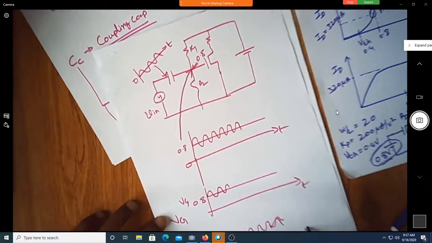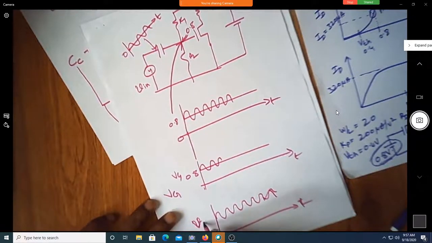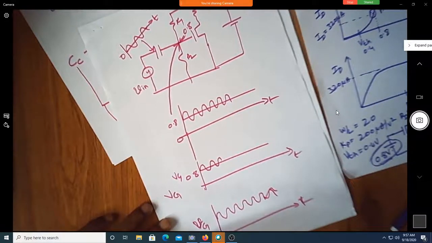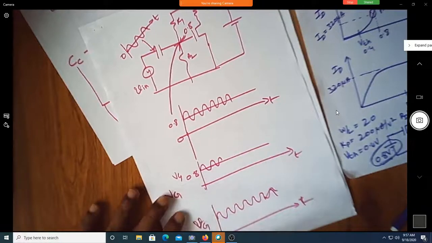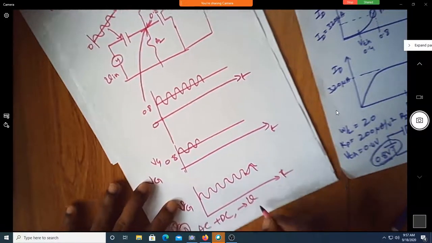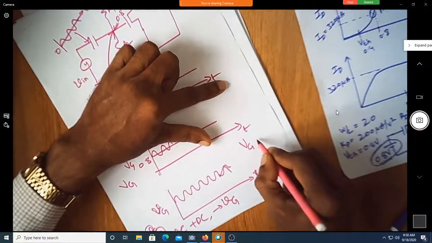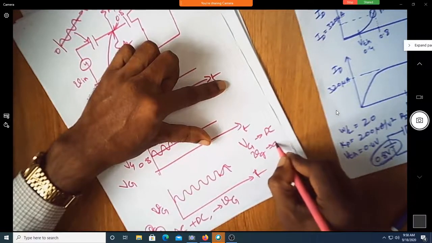So this is time. This is, I will call it now, small v capital G. It is a small signal shifted by the gate voltage, so it is AC plus DC. If it is capital V, capital G, it is DC. If it is small v, small g, it is AC.